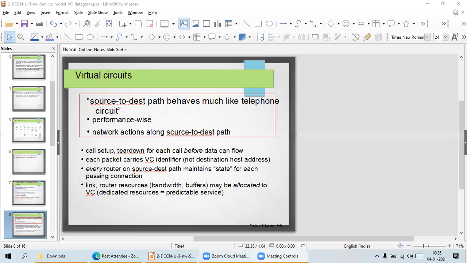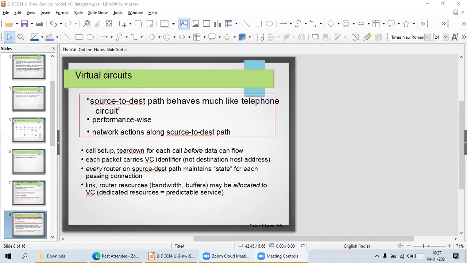Okay, every router on the source-destination path maintains the state of each passing connection. That means whenever I am calling from Hyderabad to Vijayawada, every router is nothing but your network signals, Geo towers.